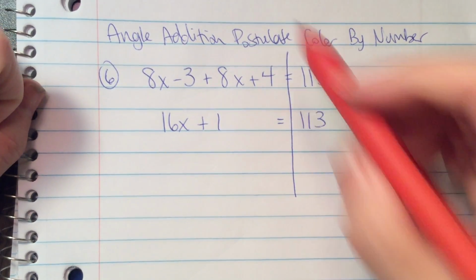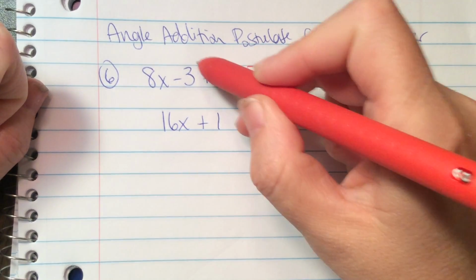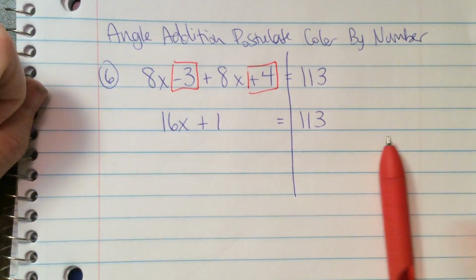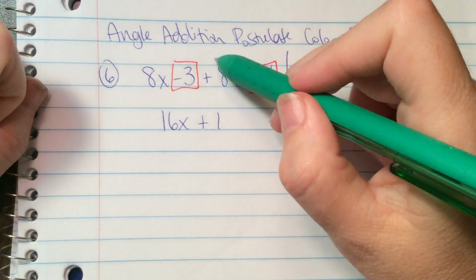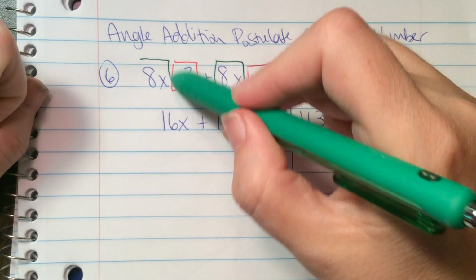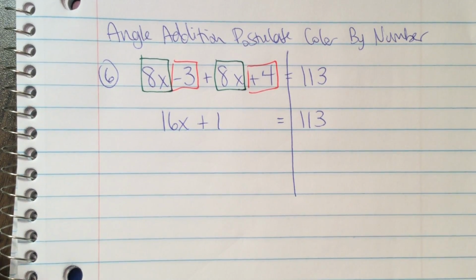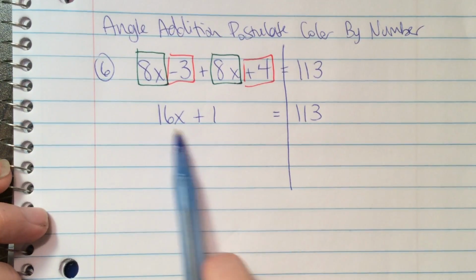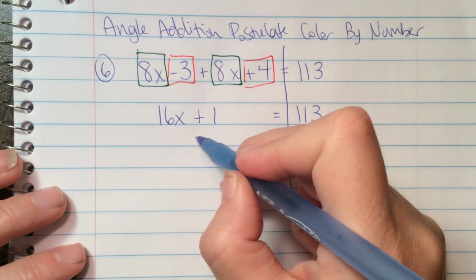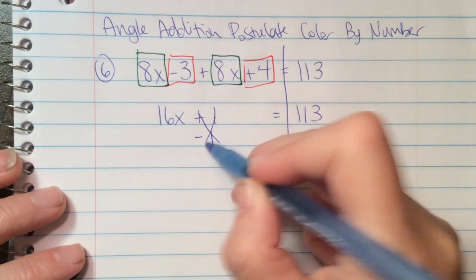So just to clarify, I put together my numbers and I put together my variables. That's all I've done so far. Combining like terms. Now I just have a two-step equation, and I'm going to subtract 1 from both sides.